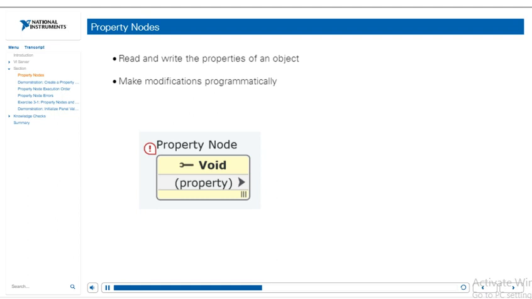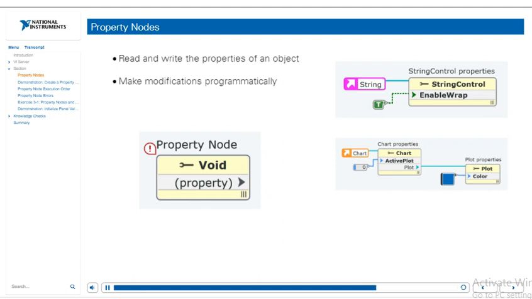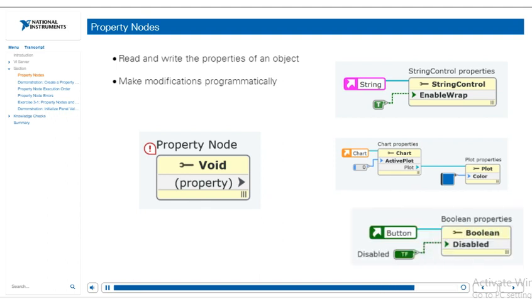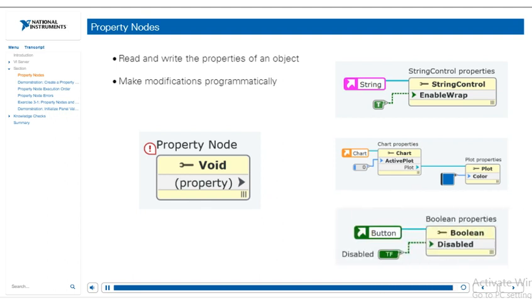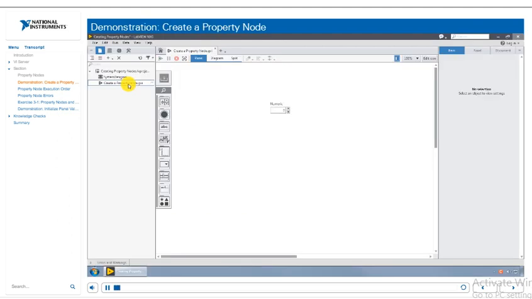For example, using property nodes, you can enable wrapping for a string control, change the trace color on a chart, or disable or enable panel controls. Let's explore how we can create a property node to disable the numeric.